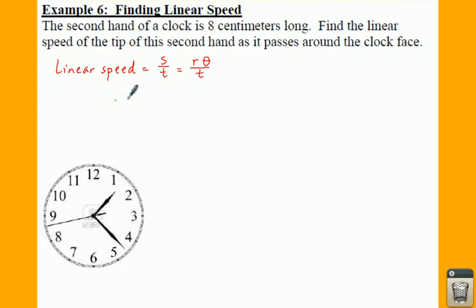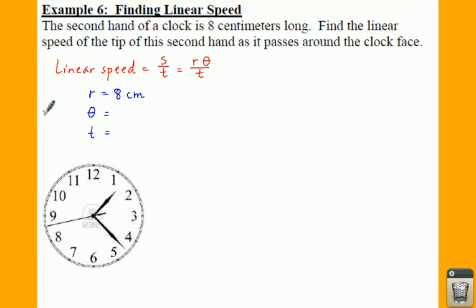In this case, your radius is equal to 8 centimeters. Your theta is not as evident, and your time is not as obvious either, so we have to think here for a minute. Theta is how far the second hand goes passing around the clock face. If you go around a circle, how many radians is that?